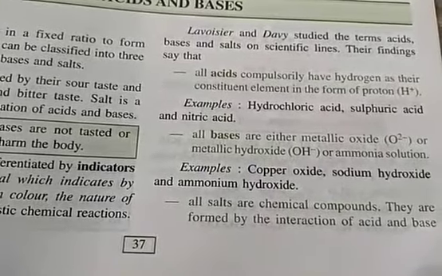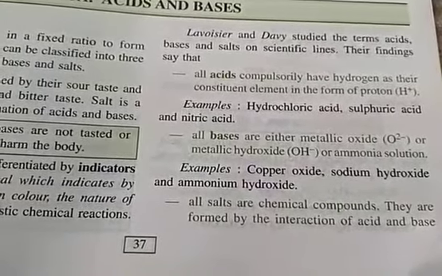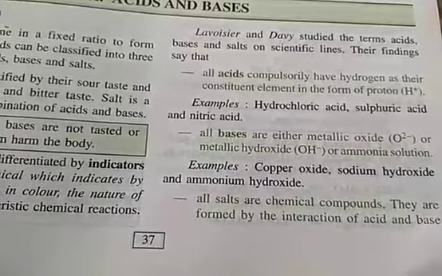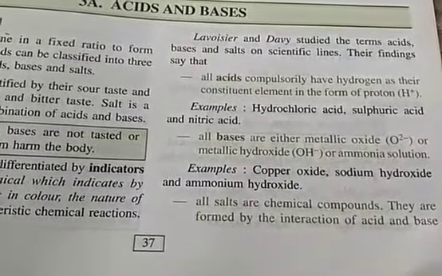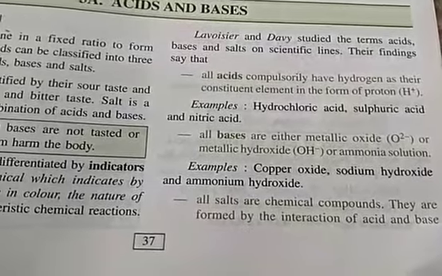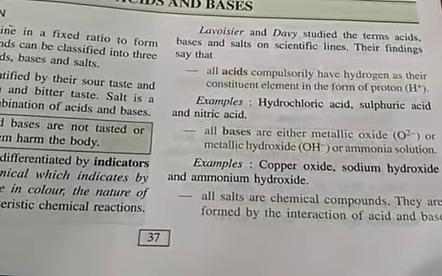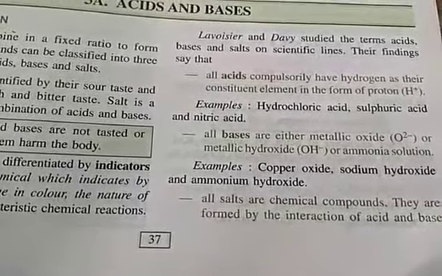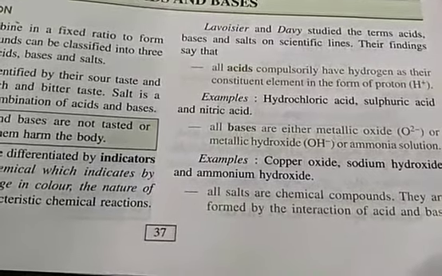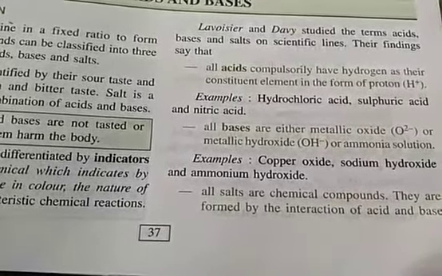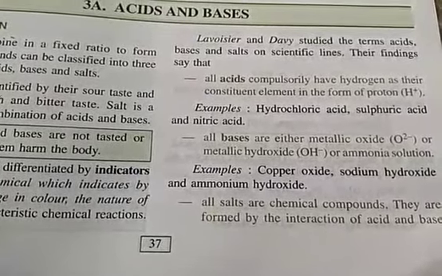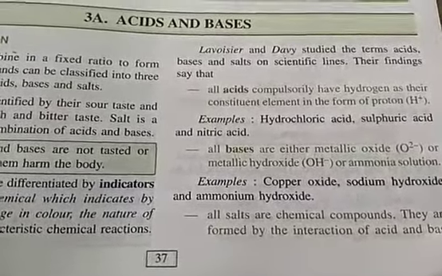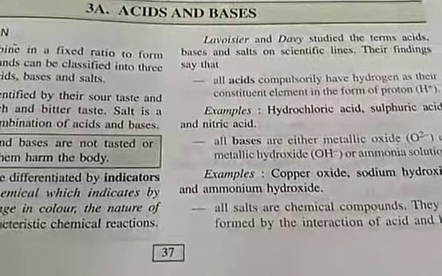Then they said that bases are either metallic oxides, for example sodium oxide, magnesium oxide or aluminum oxide, or they are hydroxides, like sodium hydroxide, magnesium hydroxide, aluminum hydroxide or ammonium solutions. So these definitions were given by Lavoisier and Davy.